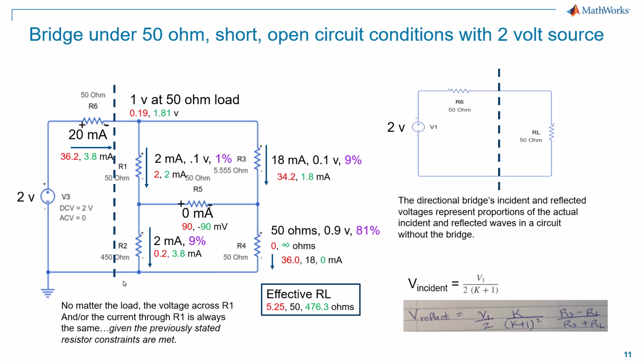It'll combine back to the 36.2 milliamps as it is at the source. So one of the interesting conditions to note here is that, again, the voltage drop across R1 remains the same as measuring incident power. That's going to be, again, either 2 milliamps or a 0.1 volt drop.